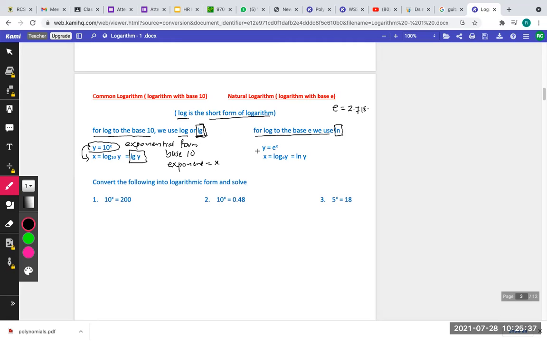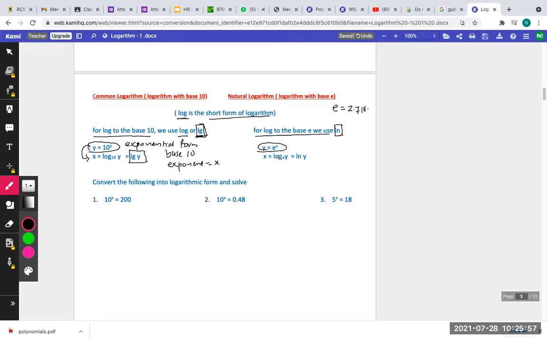Well, for the second part, y equals e power x. You see that this is again in exponential form. So I can see that the base is e and the exponent is x. So remember, if I'm converting into a log form, the exponent will be the answer for the logarithm.